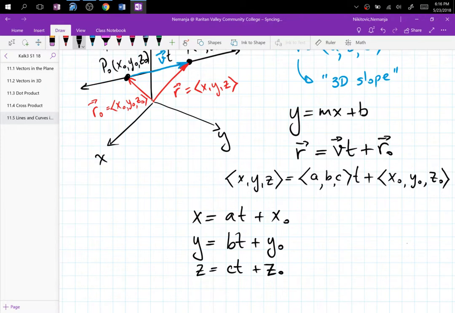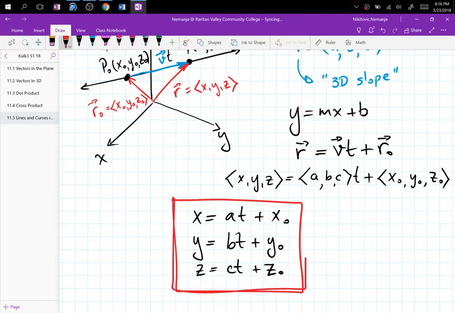These 3 together create a 3D equation of the line. So these work together. You can't pick just one of them. Together, they describe the line in 3D space. So all of this is a line in R3.